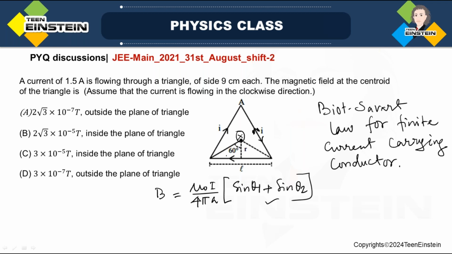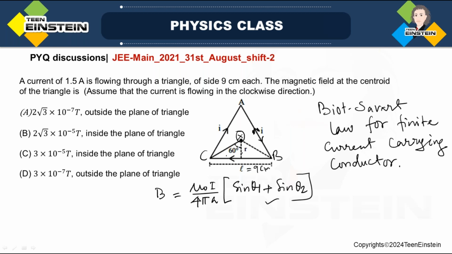So let us say this is ABC. This is A, B, and C. So I'm taking the BC wire. This is finite in length. You can see that the length is L, and that is 9 centimeter here.